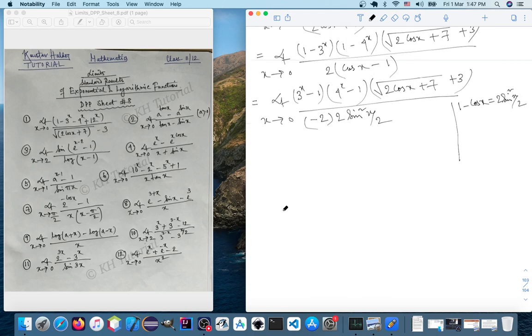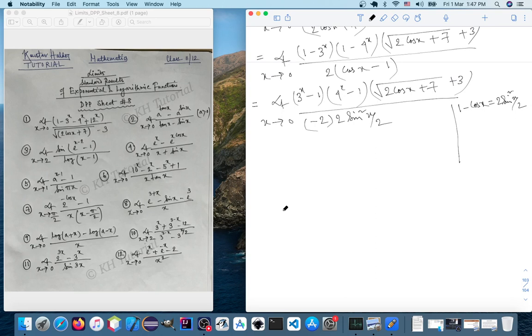Now we need x in the denominator for 3 to the power x minus 1 as well as 4 to the power x minus 1. So we bring x to both these terms, and over here we have cos x plus 7 plus 3, and we have to adjust the 2x.